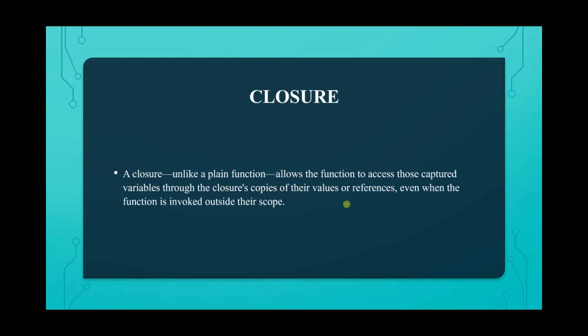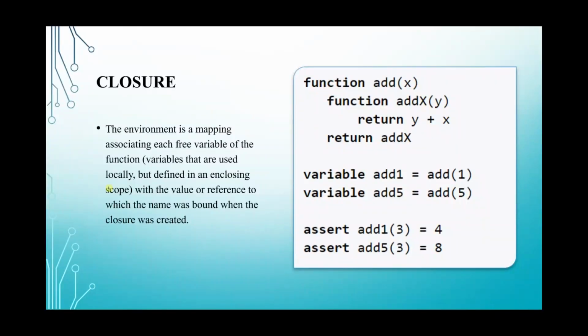A closure, unlike a plain function, allows the function to access those captured variables through the closure's copies of their values or references, even when the function is invoked outside their scope. So the function could be invoked outside of their scopes, but the captured variables can still be accessed.